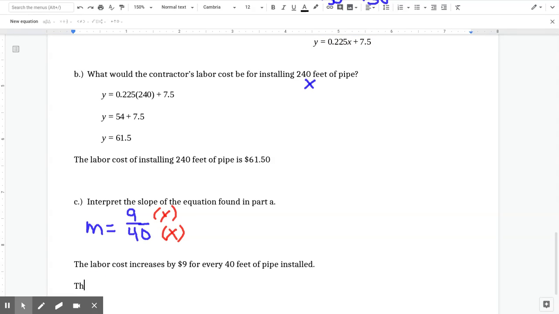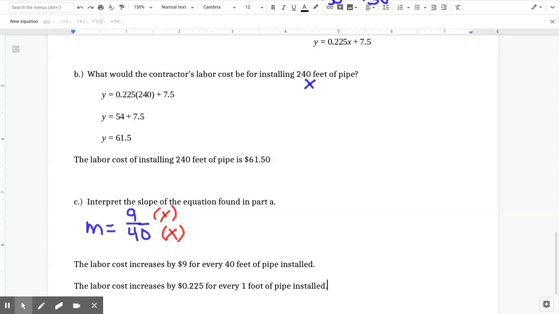We could say the labor cost increases by the slope value, this decimal value, 0.225. So that is our monetary amount. So strange to put, but $0.225 for every 1 foot of pipe installed.